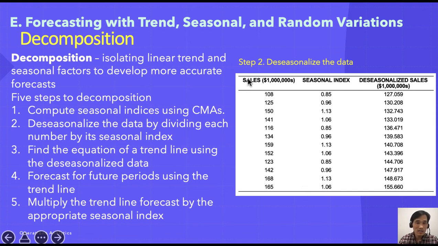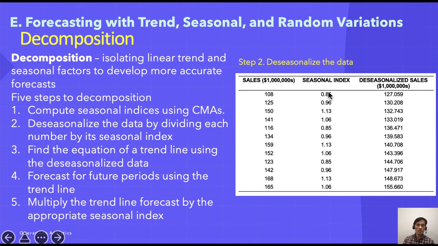And the second step is deseasonalize the data. We calculated the seasonal index with a trend, and we found that in quarter one there was 0.85. So we put 0.85 over there, and for quarter two, 0.96, 1.13 is over there, and 1.06.